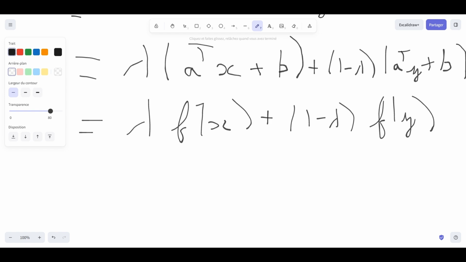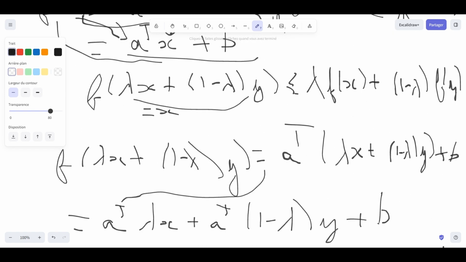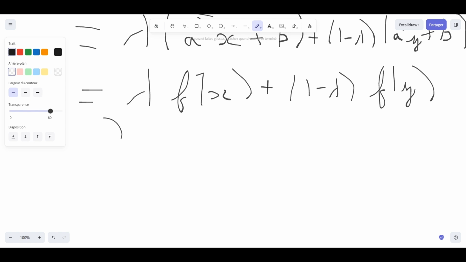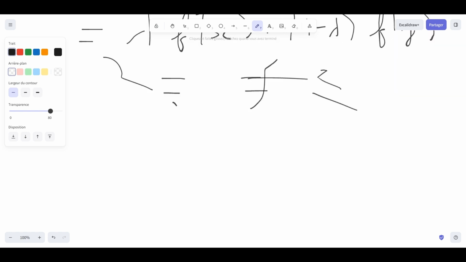And so we just proved that, as we saw, the definition of a convex function is this: it's inferior or equal, but here we only have equality and not the inequality. I agree, but that's just a particular case.